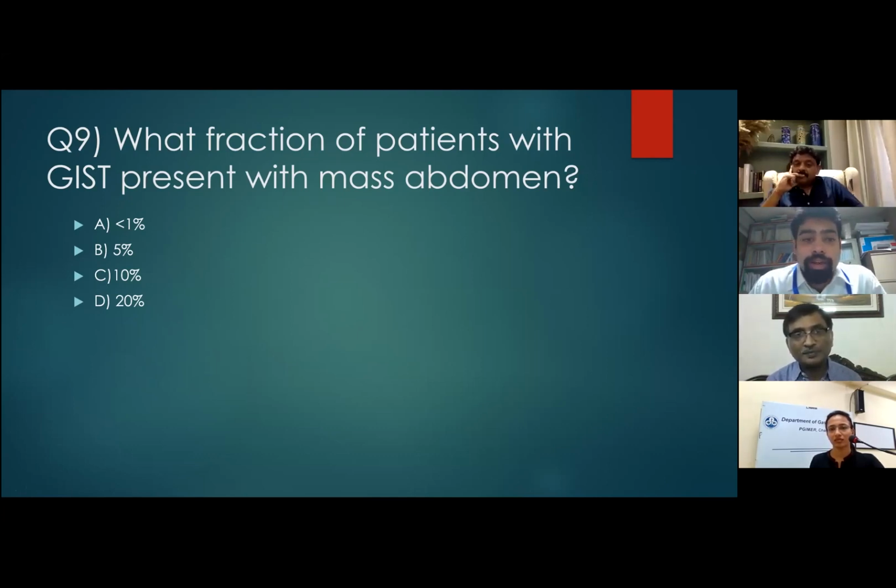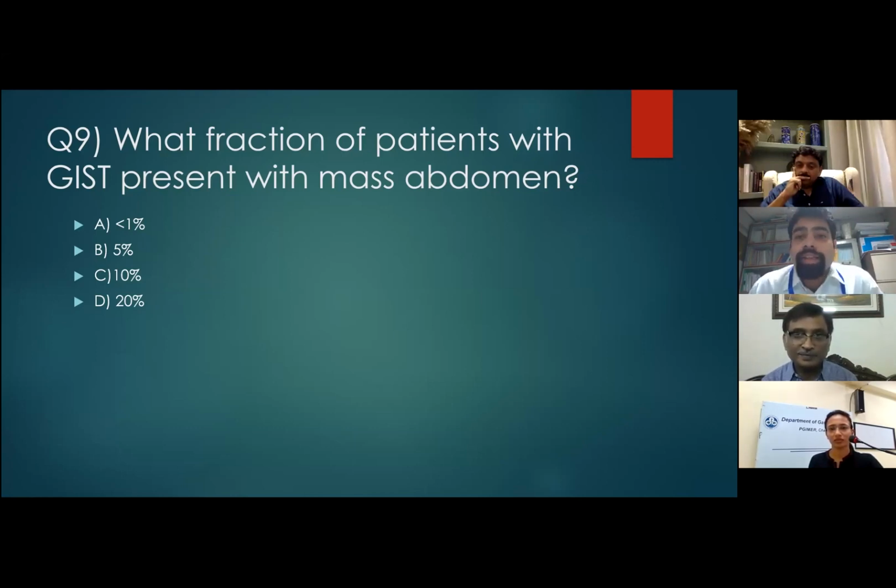The poll has started. So let us share the results. Almost 1/3 feel it is less than 1%, and a quarter each feel it is 5% and 10%.